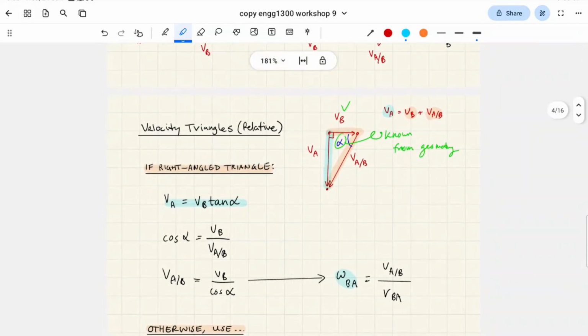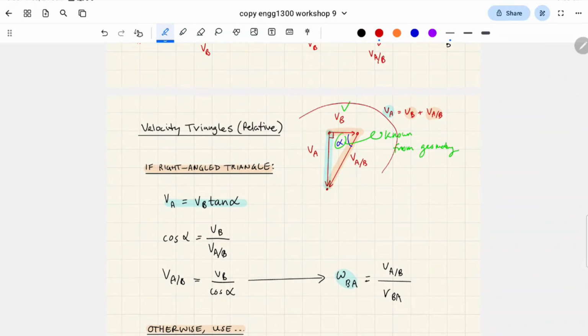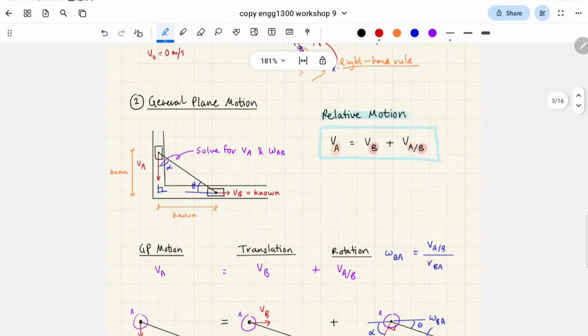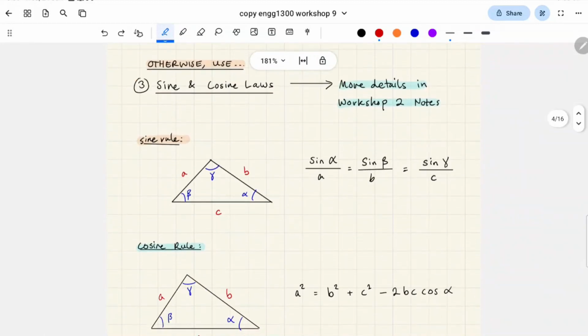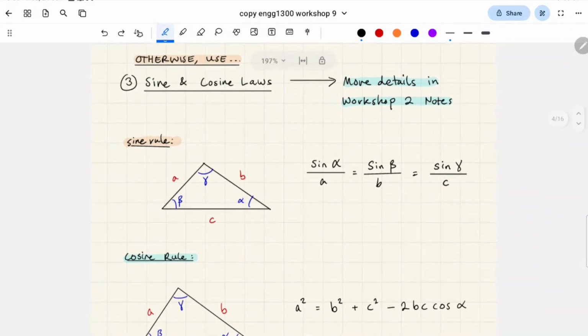However, if you aren't given a nice triangle like this, and this one's a nice right angle triangle based on this geometry, which was at a right angle here, you're going to have to use sine and cosine laws. I have more details on these back from workshop 2, but I've just quickly put it down here.